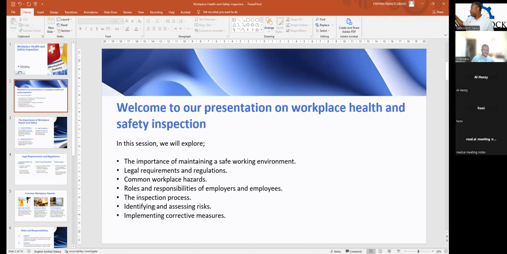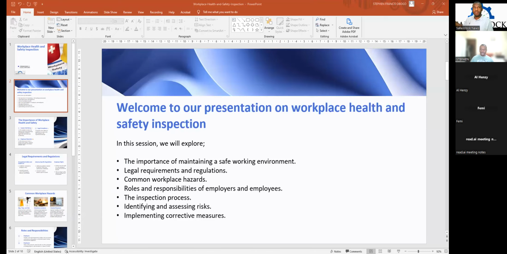We're going to touch also on the inspection process, identifying and assessing risks, and lastly, implementing corrective measures. Basically, it's very important for us to have this at the back of our mind as professionals, so that it can help us grow and enhance our skills.